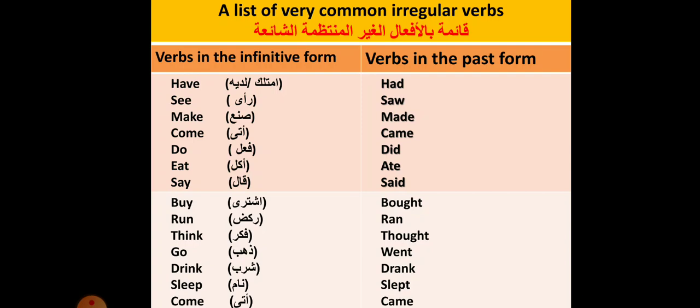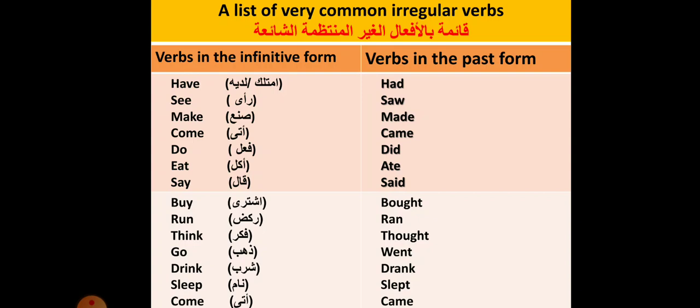Verb to buy becomes bought. Verb to run becomes run. Verb to think becomes thought. Verb to go becomes went. Verb to drink becomes drank. Verb to sleep becomes slept. Verb to come becomes came.